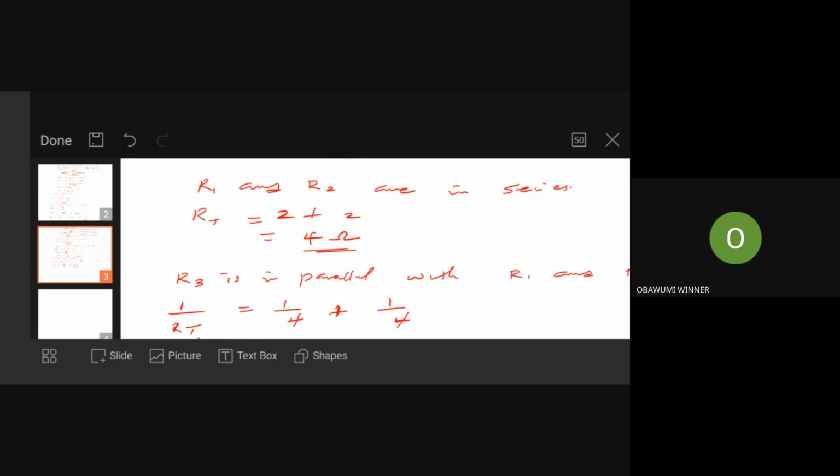Okay, so we have another question right here. What I want us to do, maybe in our next class, which may eventually be the last class, is to try and solve questions involving internal resistance. I want us to master electric current or electric circuit because it is an aspect of physics you must expect in every exam.